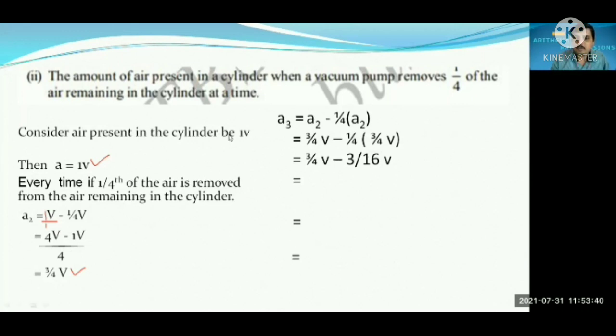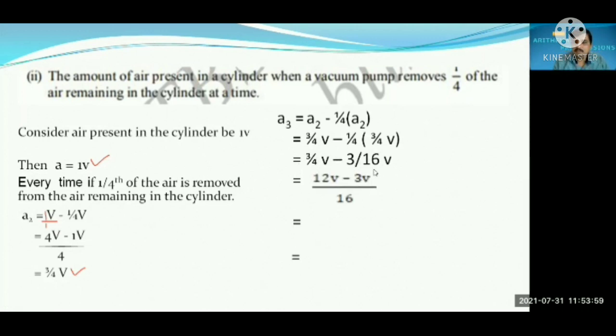If we remove 1/4 of A2, it becomes 3/4V minus 1/4 of 3/4V. So 3/4V minus 1 times 3 is 3, 4 times 4 is 16, so 3/16V. That is 1/4 of 3/4.